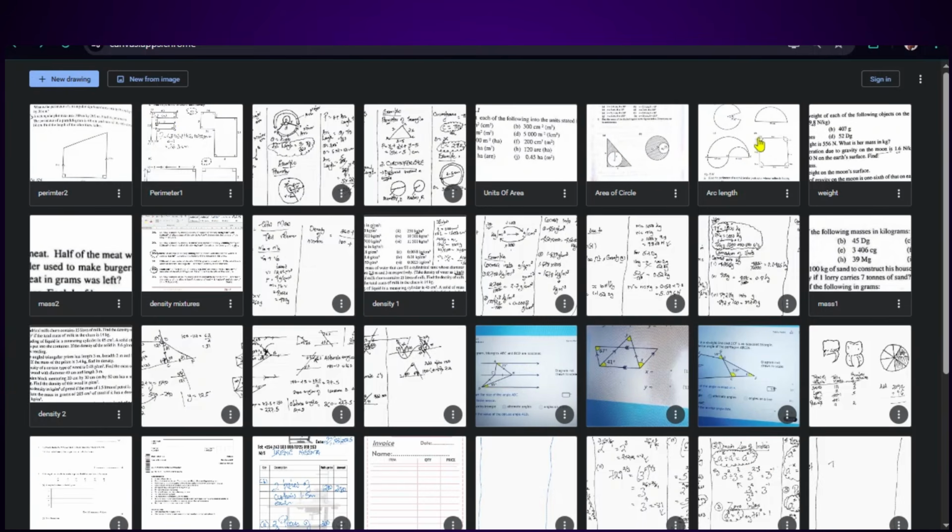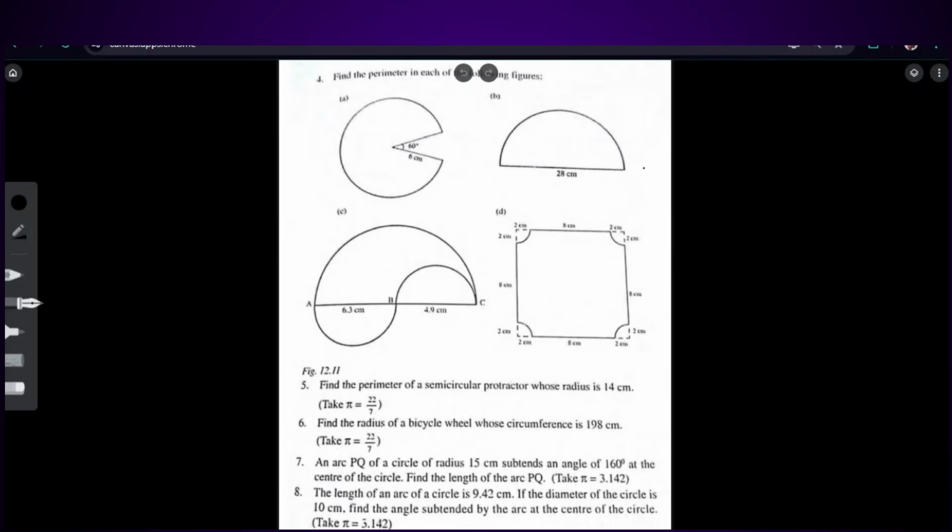I can pick one of a circle. We pick one or two here of a circle, especially the arc length. So here I want you to pick this one. This is the same as half of a circle. So get for me the perimeter, and be keen here. The question is the perimeter.